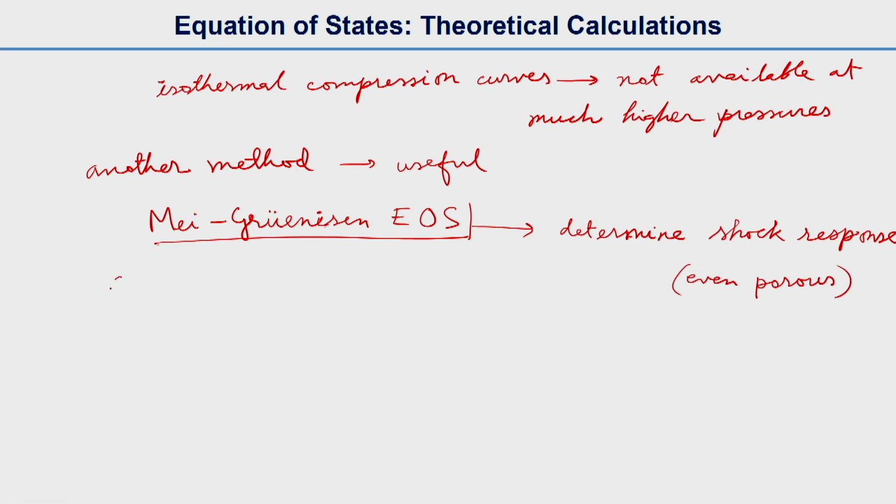There is a constant involved in this equation of state, the Grüneisen constant.